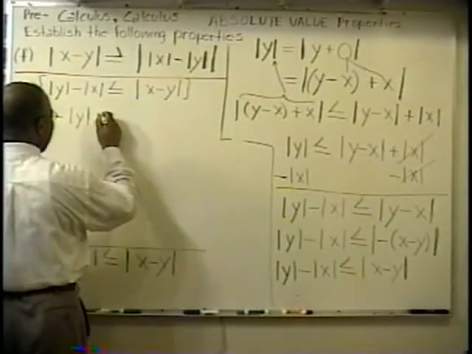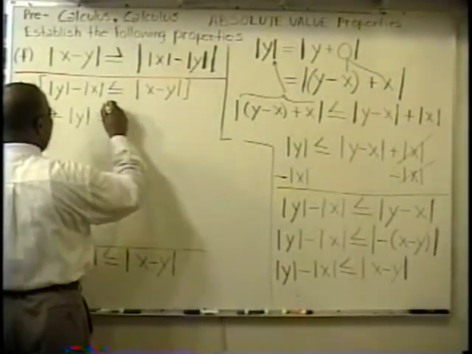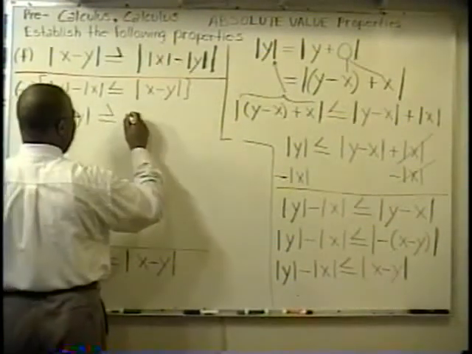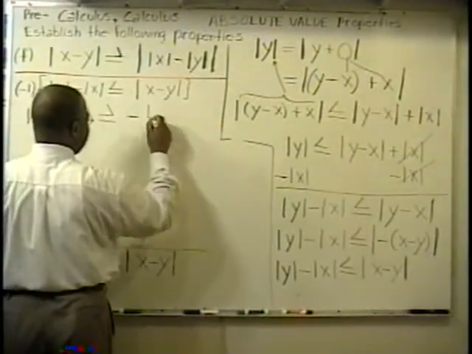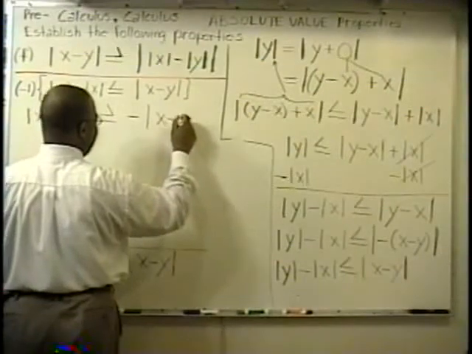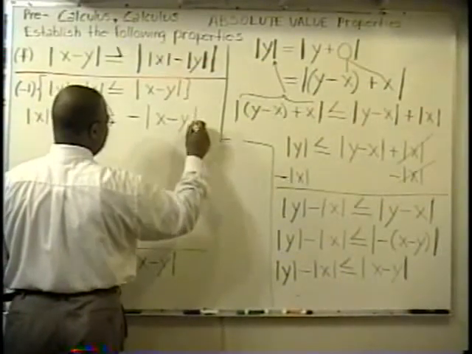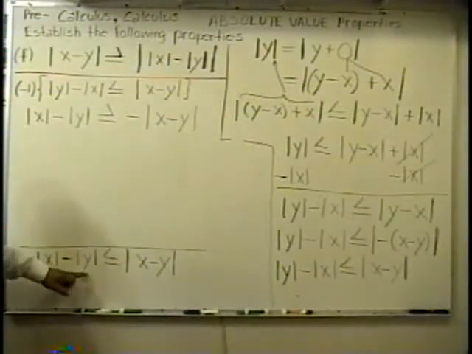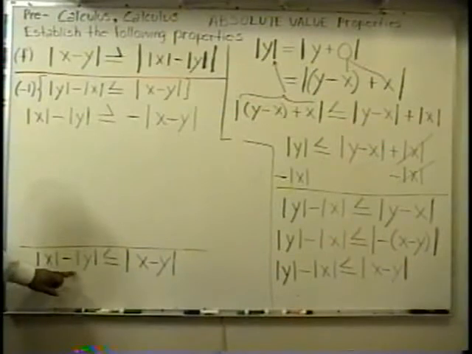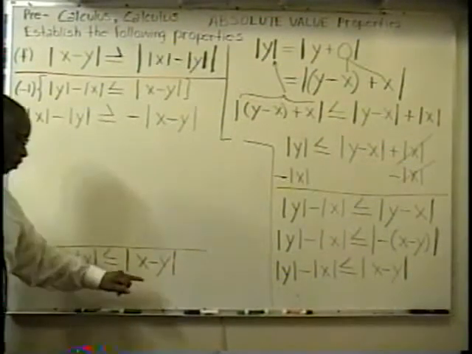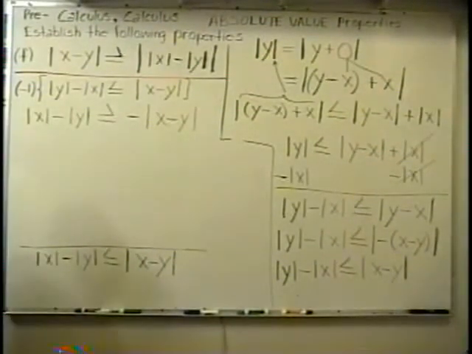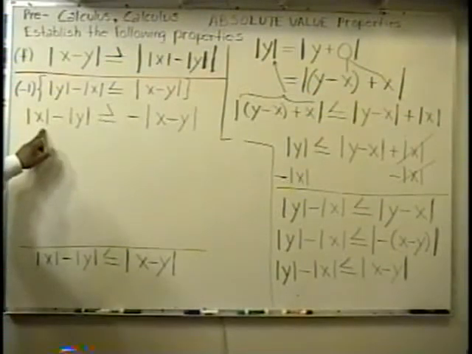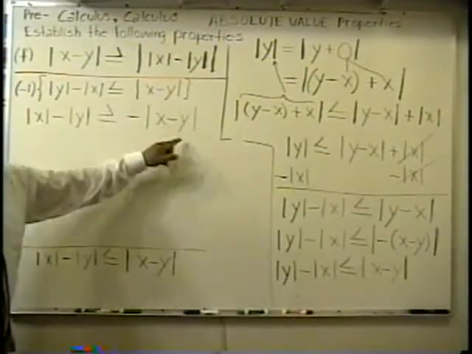And now this is greater than or equal to, well, minus the absolute value of x minus y. Very good. Well, notice what we have here. Here we have that the absolute value of x minus y is less than the absolute value of x minus y, and the absolute value of x minus the absolute value of y is greater than that.